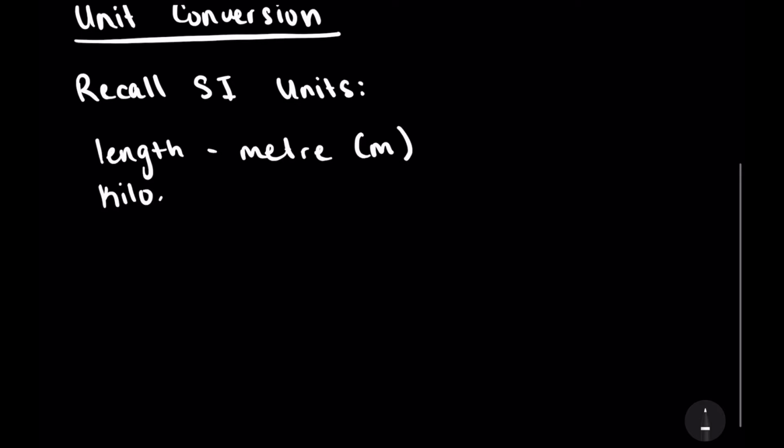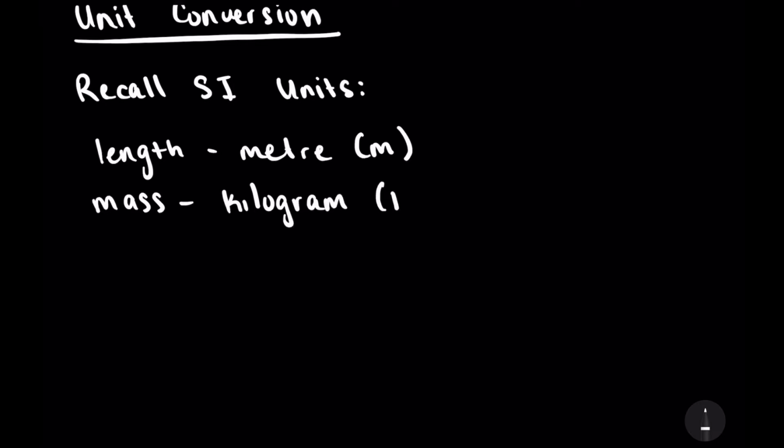If we have mass, we want to use the kilogram, and that symbol is kg. For now, I want you to remember the k right here, but we'll dive into that later. If we have time, we want to remember that that would be the second, and that's represented by s.